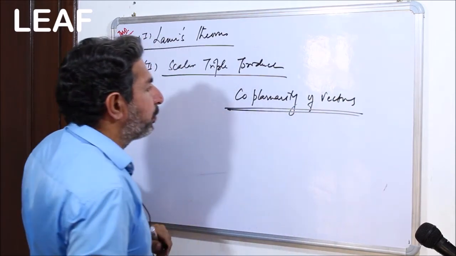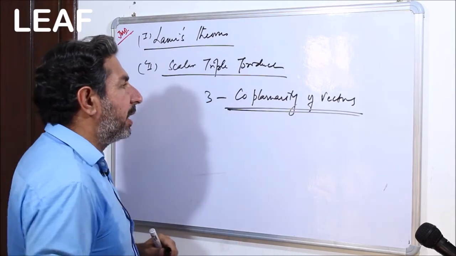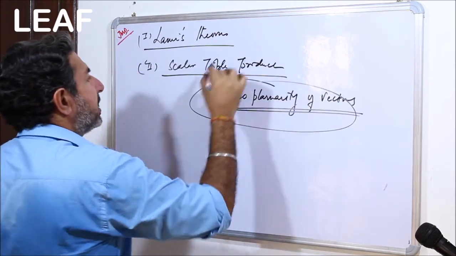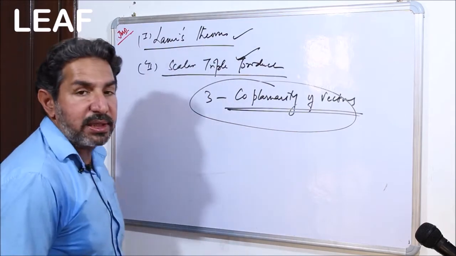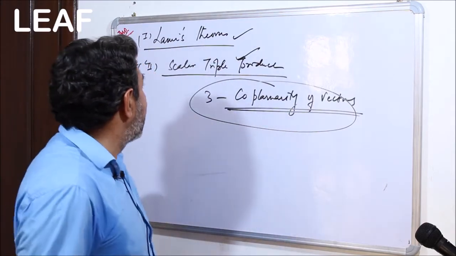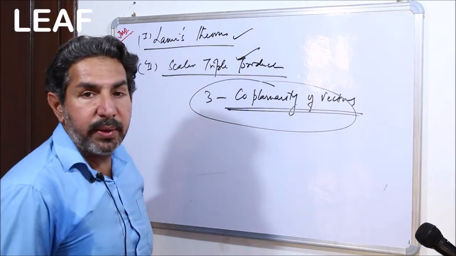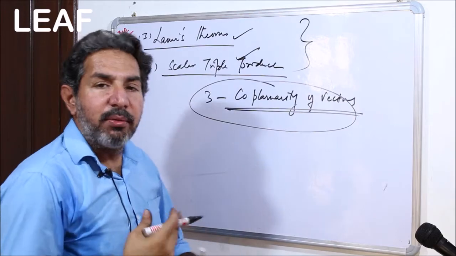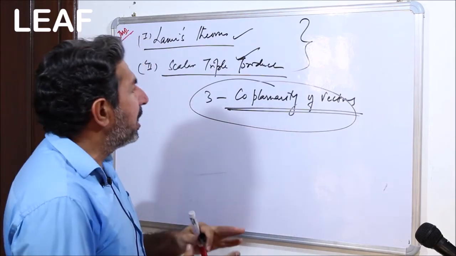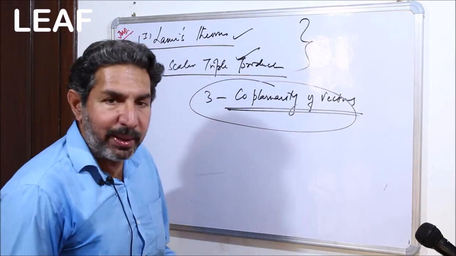If we are supposed to prove that three vectors are coplanar, we are going to use the scalar triple product. And of course there are certain numericals which are going to be very comfortable for you using Lami's theorem, right? So these two things I am going to discuss while discussing the numericals, or in my first numerical segment.